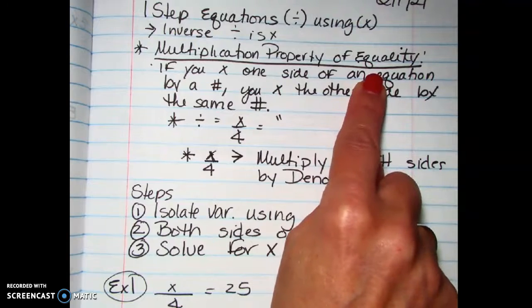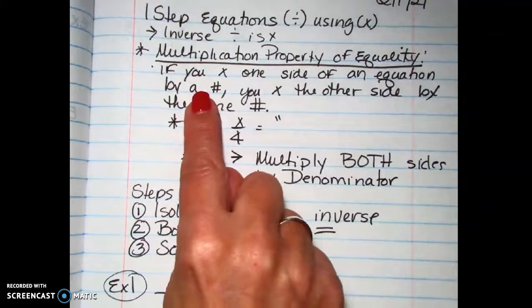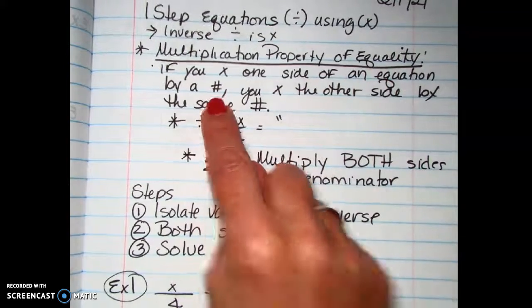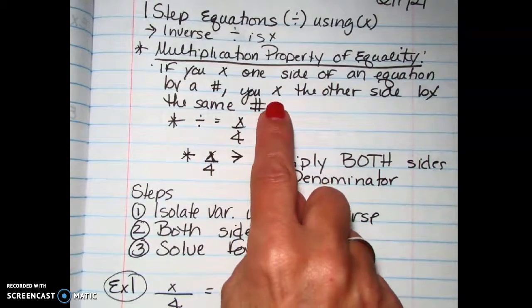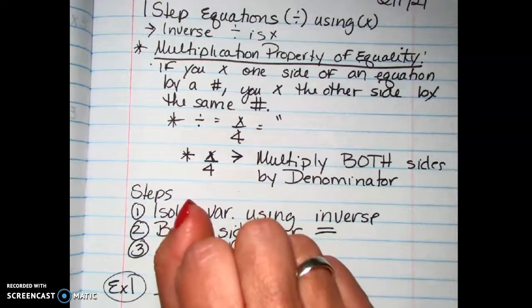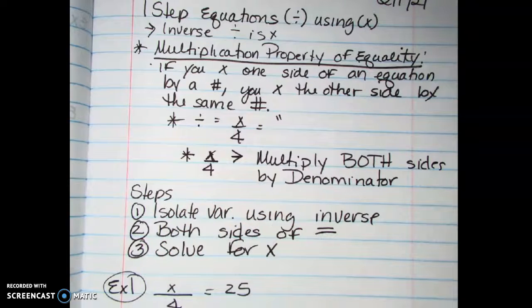And what it basically means is if you multiply one side of an equation by a number, you multiply the other side by the same number. We've been saying that for addition, for subtraction, for multiplication, and division. So now we know all of our properties of equalities for our operations.